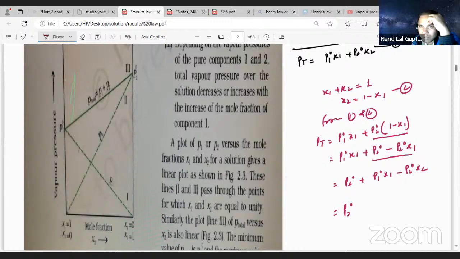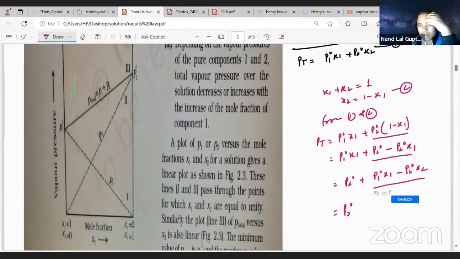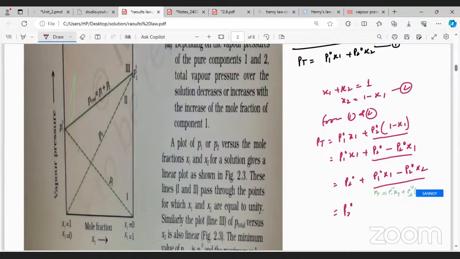So here it will be P1 naught x1 plus P2 naught, and what is common here? We are not getting anything common. So we are getting 1 minus x1, so P1 naught x1 plus P2 naught minus P2 naught x1.